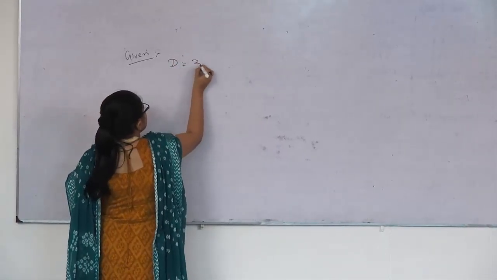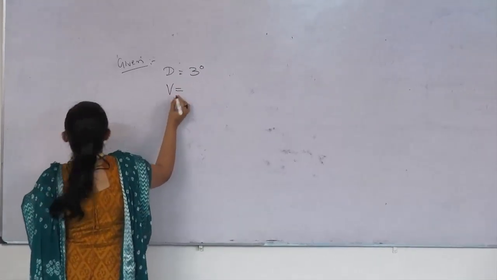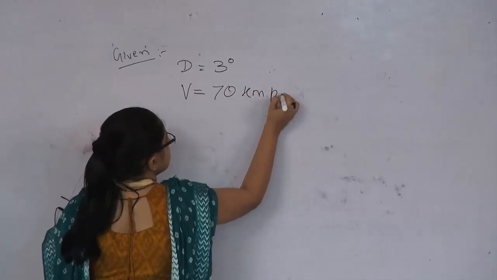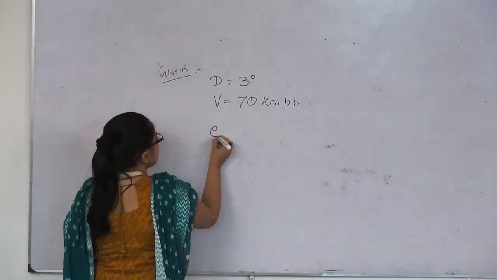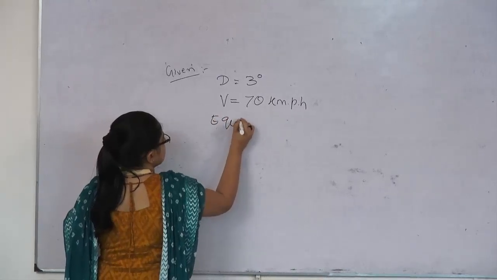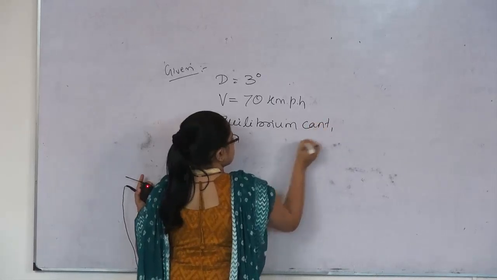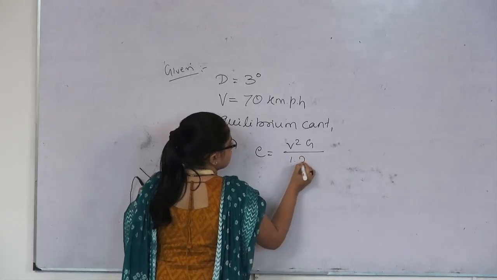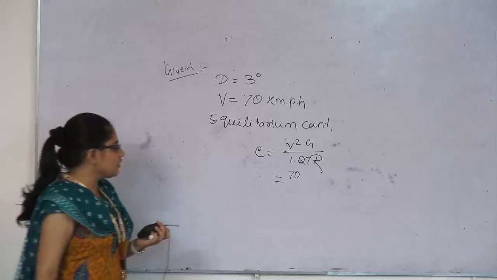D is equal to 3 degree. Then V is equal to 70. Clear? So what is the equilibrium cant? V square G by R. First you calculate.